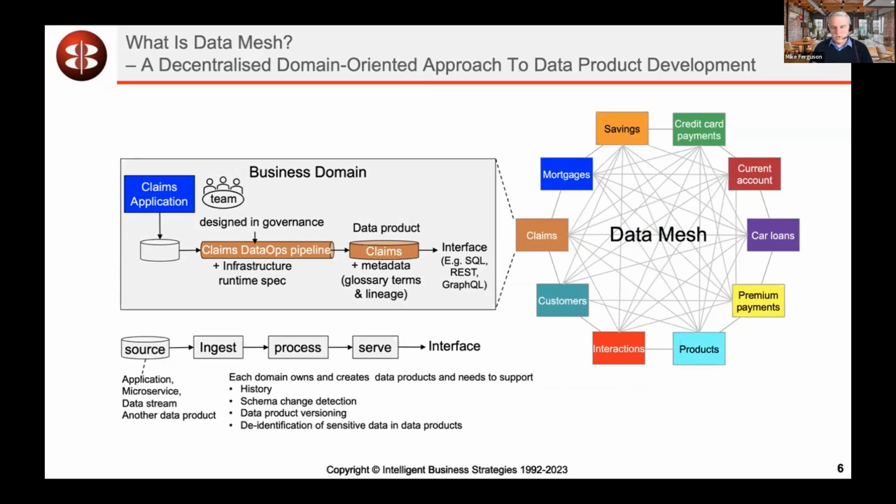So the team building those pipelines has to design in things like governance in order to protect sensitive data, should that be within the data product they're producing, and over time, incrementally build up a number of these data products.